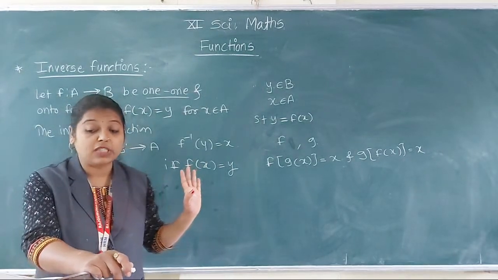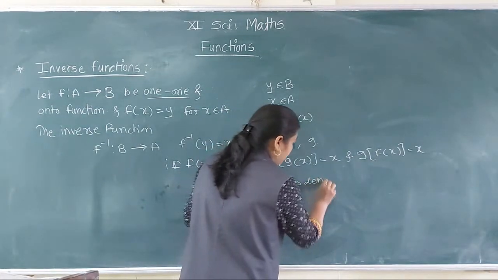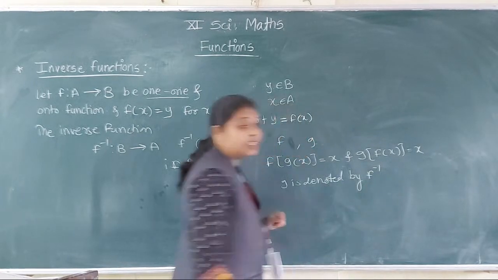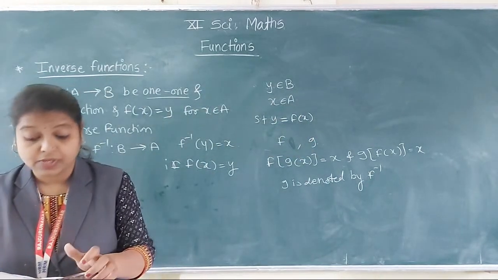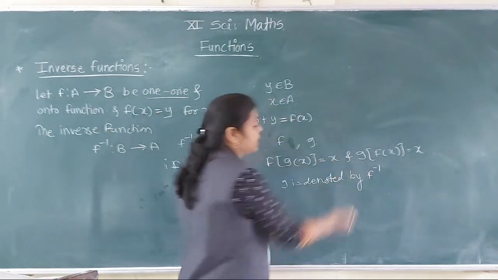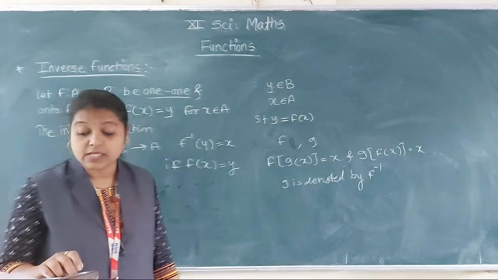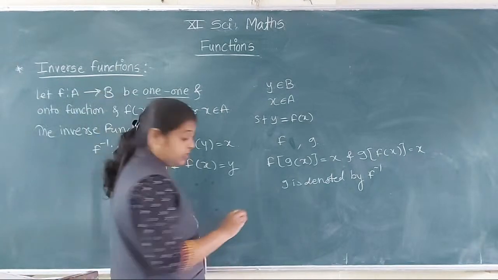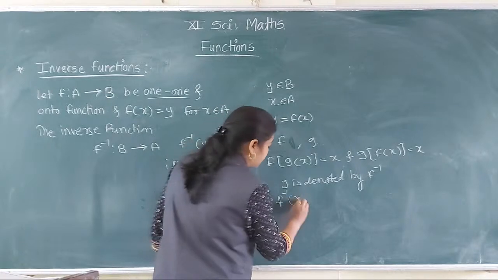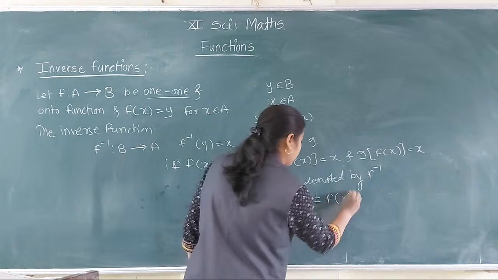So g is denoted by f inverse, and that is f of g of x is equal to x and g of f of x is equal to x. That means f inverse of x is not equal to f of x inverse.